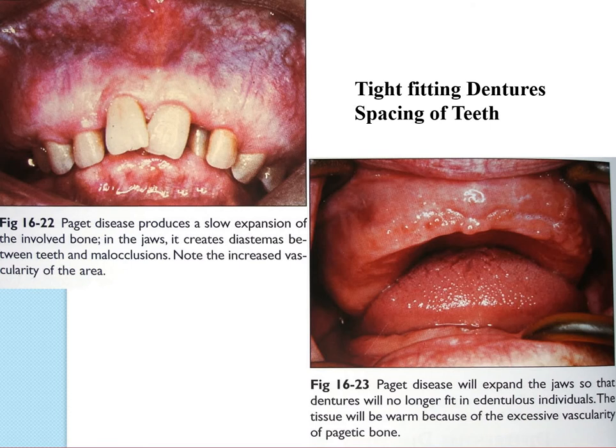Tight-fitting dentures may be the first symptom which the dentist sees for a diagnosis of Paget's disease. Paget's disease will expand the jaw so that the denture will no longer fit in an edentulous patient. The tissue, when you feel it, may be warm because of the excessive vascularity of the Pagetic bone.